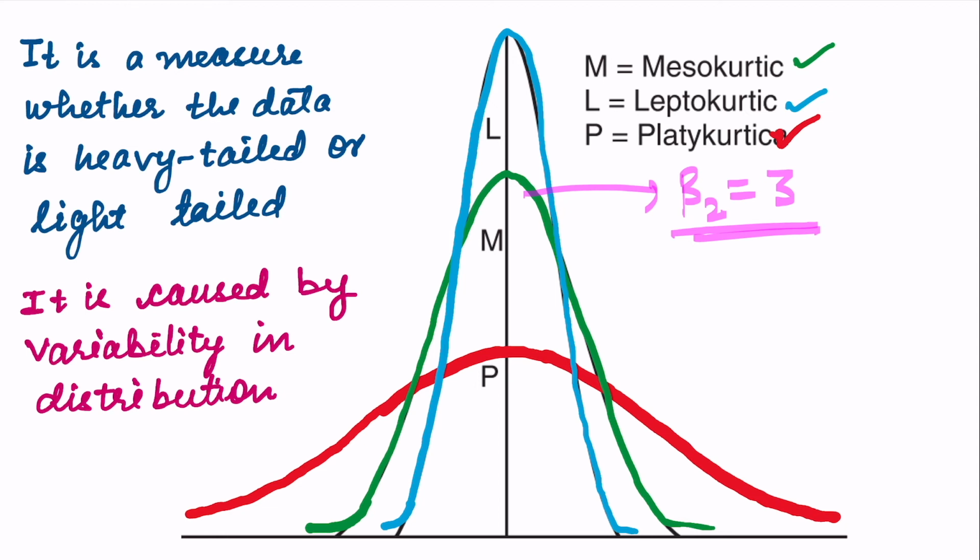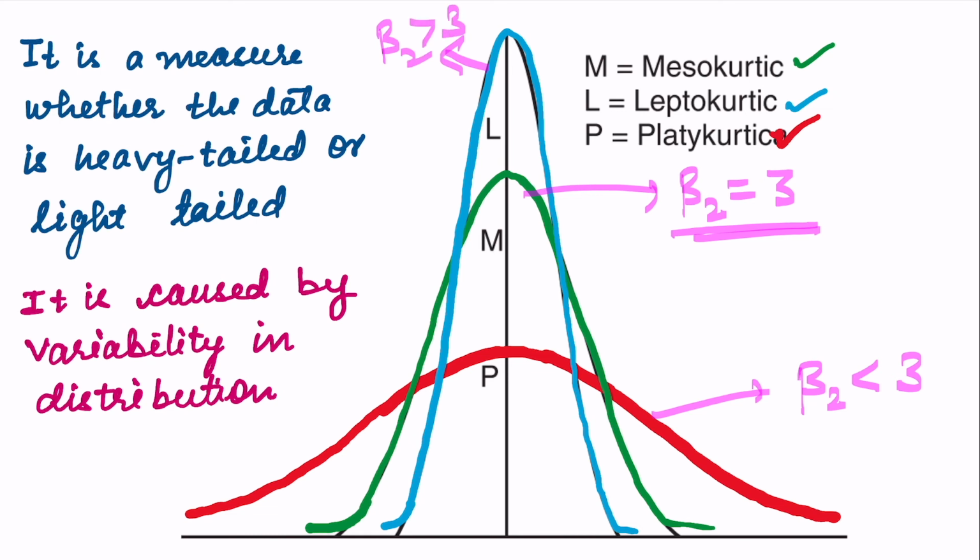If beta 2 is less than 3, then the curve is a platykurtic curve. And if beta 2 is greater than 3, then the curve is a leptokurtic curve.